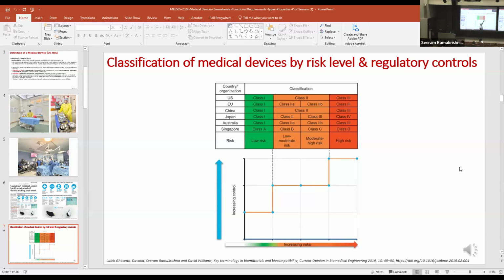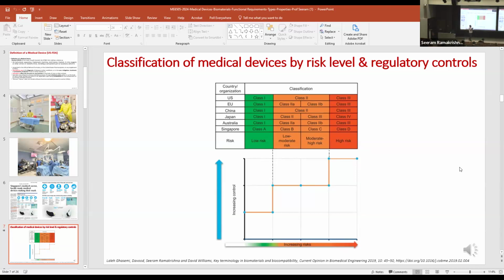class 3 devices. If it is low risk, that means it is not really life threatening, but it is also at the same time not good for the patient in case something goes wrong, we classify them as class 1 devices. Something in between, moderate or medium risk, we call a class 2 device.